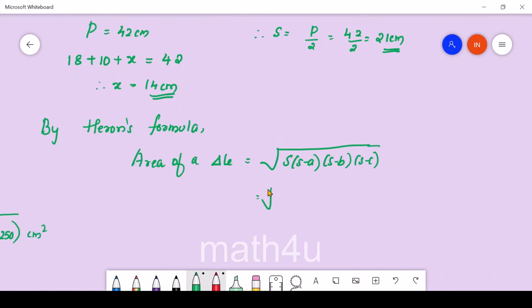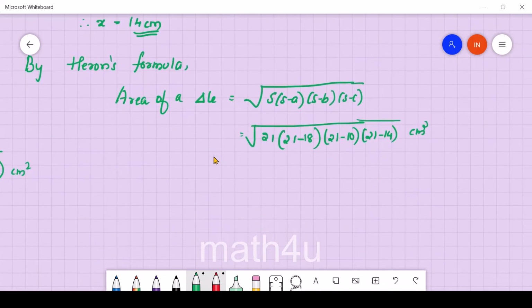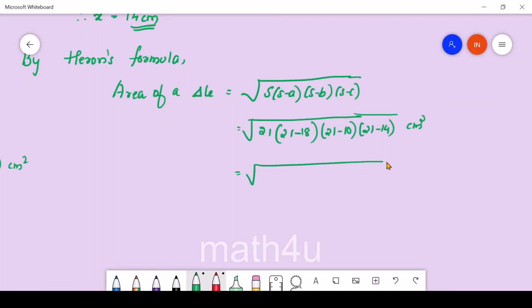This is equal to root of 21 into 21 minus 18, then 21 minus 10, 21 minus 14, this much centimeter square, right? Yes, now we are going to solve this. This is equal to root of 21 multiplied with 3 multiplied with 11 multiplied with 7.